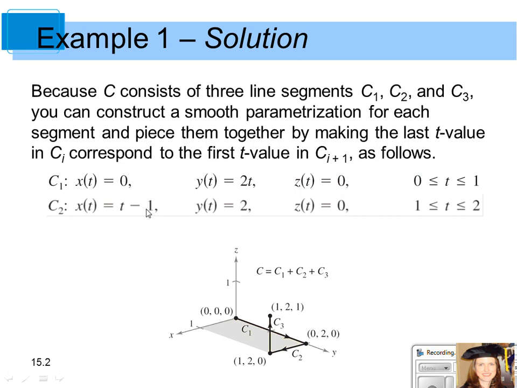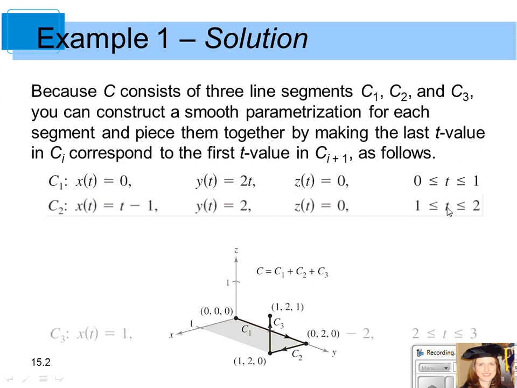The way we come up with this parametrization is that at t equals 1, the beginning of that time interval, the location for x is equal to 0. At t equals 2, the location for x is equal to 1. So we're able to begin at the location 0 and move to the location 1 in that given time interval.